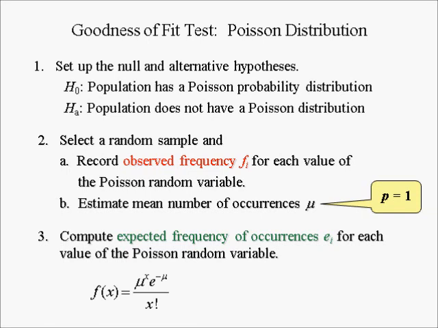Note that x factorial equals 1 if x equals 0, equals 1 if x is equal to 1, equals 2 if x is equal to 2, because 2 times 1 is 2, equals 6 if x is equal to 3, because 3 times 2 times 1 is 6, etc. Now we're going to use this equation to compute these probabilities, and we'll take these probabilities and multiply by the sample size.